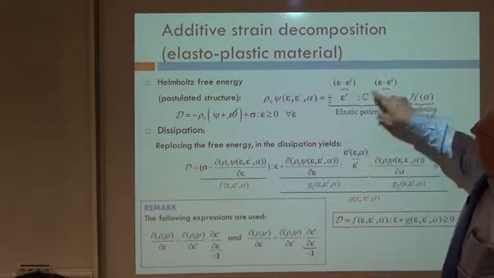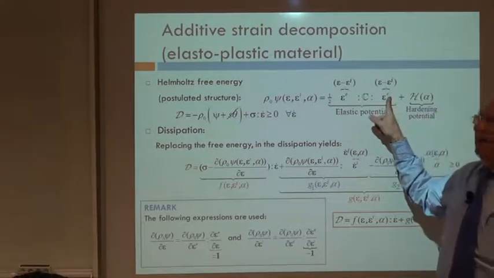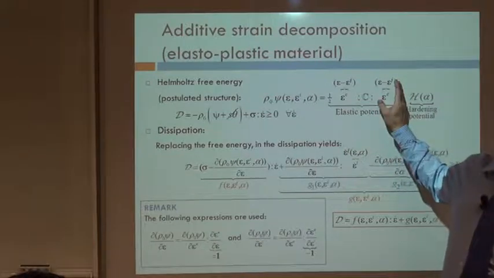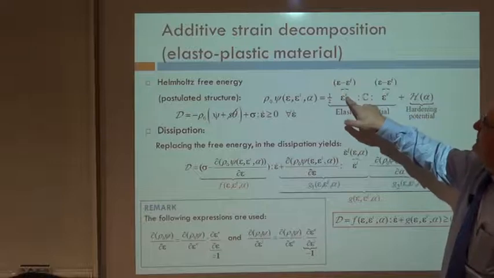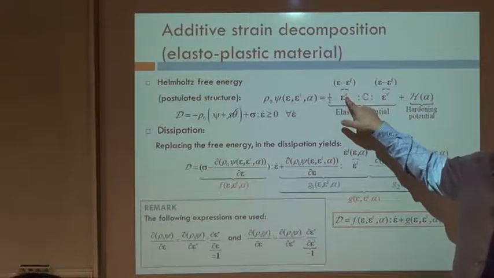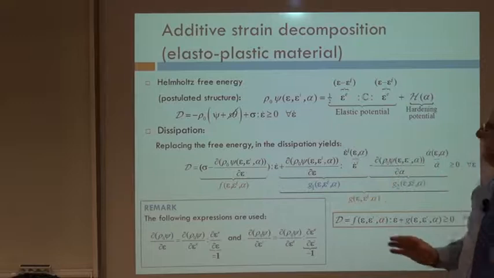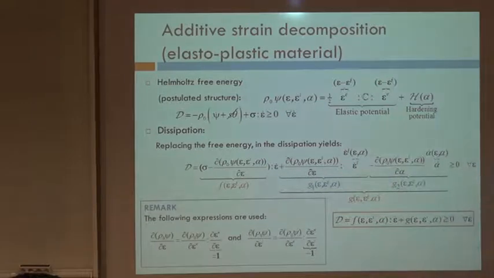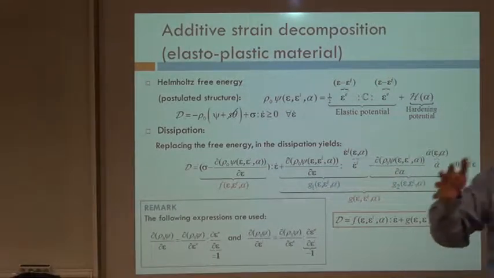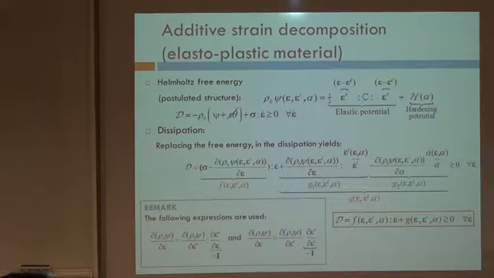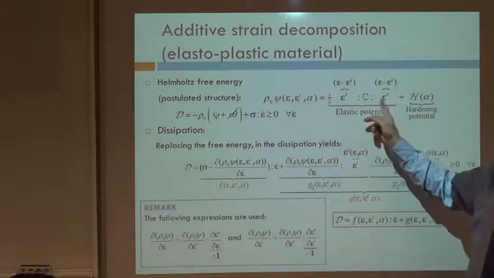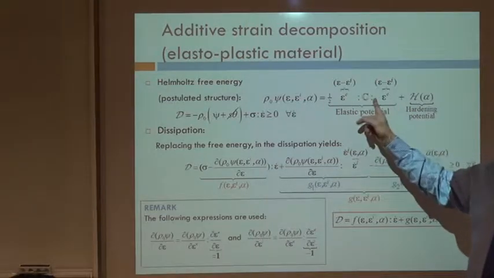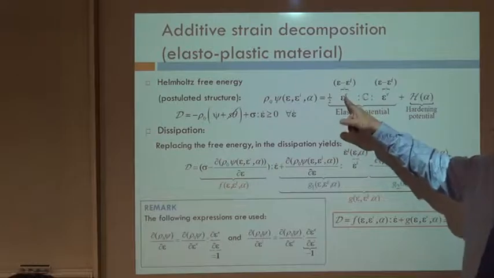One just matches the free energy that we have for elastic materials, but in terms not of the total strain, but of the elastic part of the strain. So let's see, in the same way that the materials have a behavior which is a sort of superposition, in strain, of an elastic and inelastic behavior, the free energy has an elastic energy which has the same form that we have for elastic materials, in terms of the elastic strains.